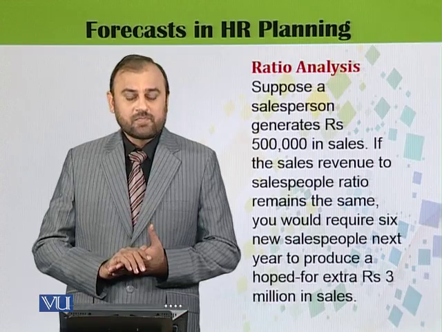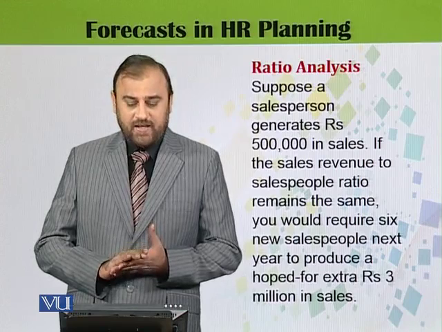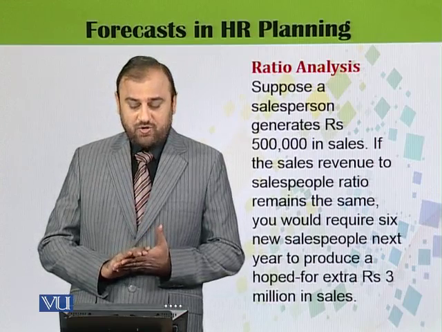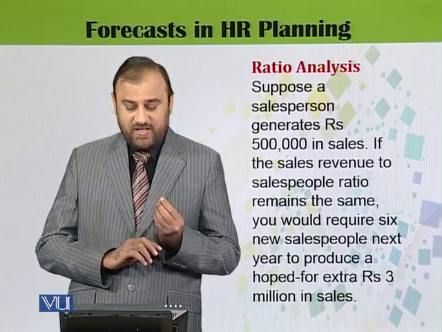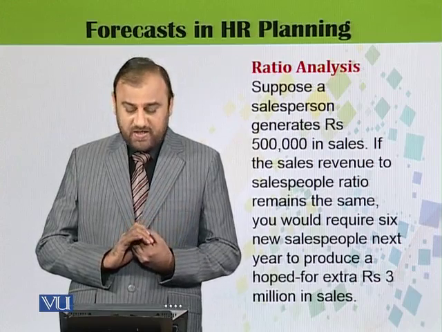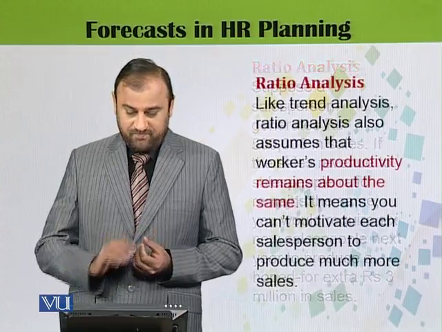Suppose a salesperson generates rupees 500,000 in sales. If the sales revenue to salespeople ratio remains the same, it means you would require 6 new salespeople next year to produce hopefully an extra rupees 3 million in sales. But this is not always the case.